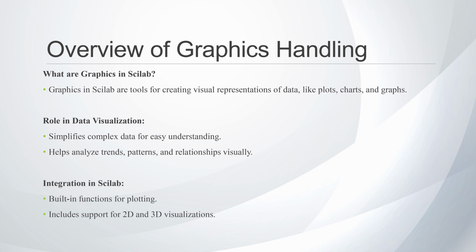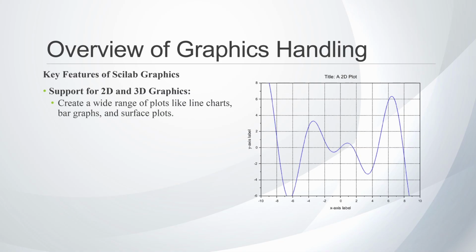Scilab integrates these capabilities seamlessly with built-in functions to create both 2D and 3D visualizations, making it a powerful tool for data analysis. Scilab graphics offer support for both 2D and 3D visualizations, enabling us to create various types of plots including line charts, bar graphs, and surface plots.